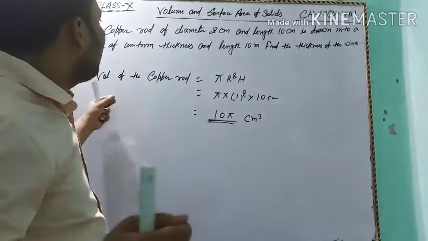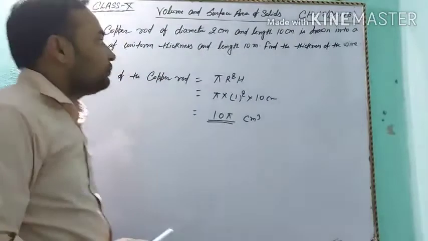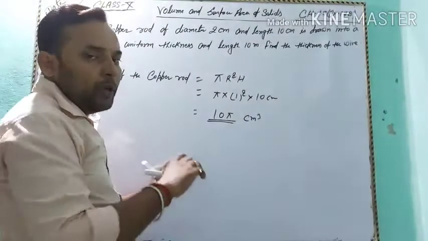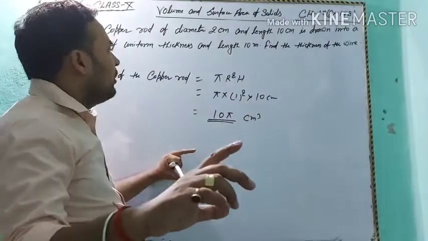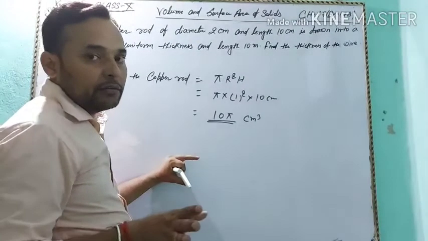This copper rod is drawn into a wire of uniform thickness of length 10 meter. So the wire is also in the form of a cylinder.